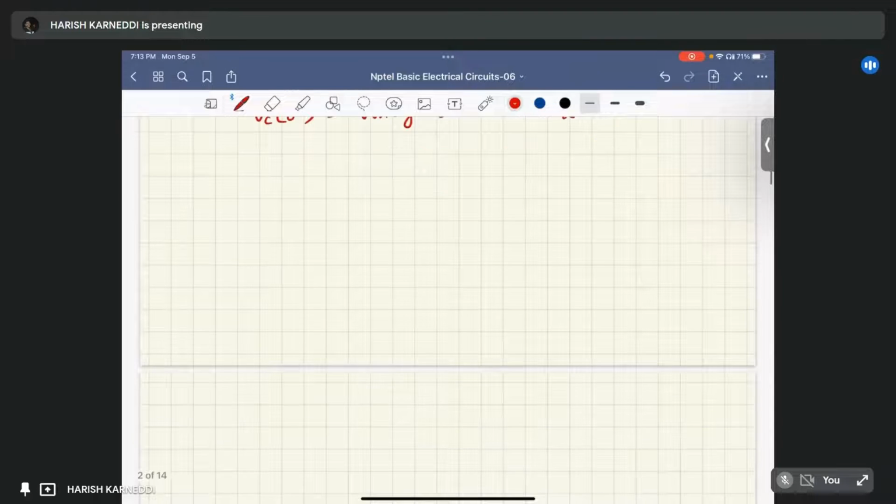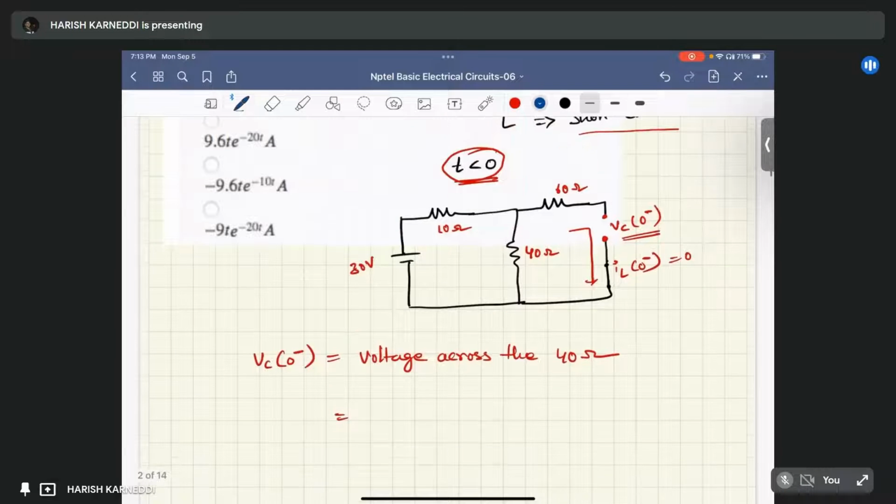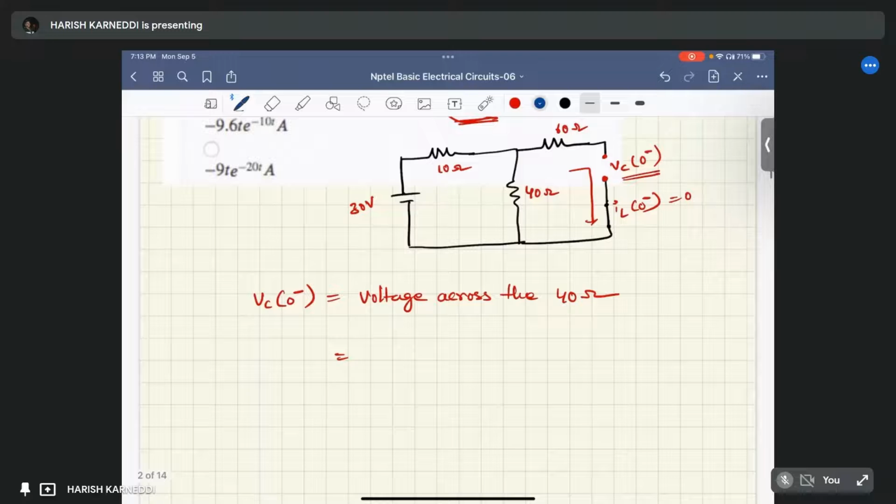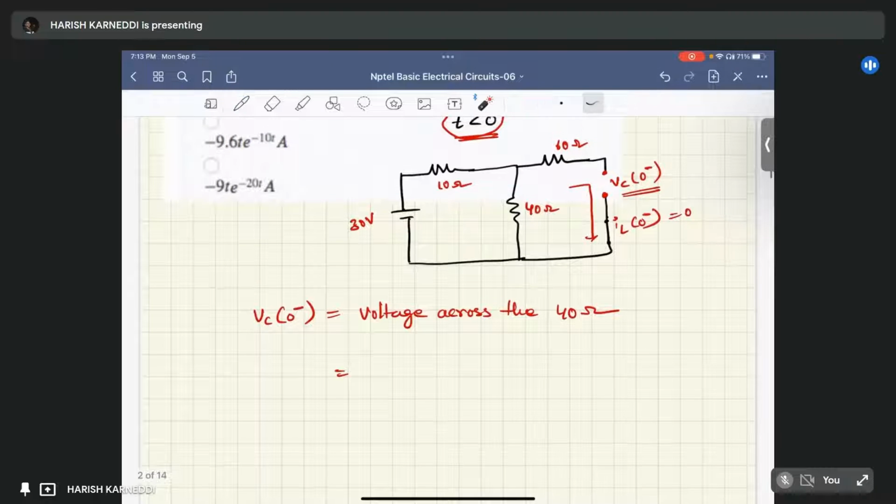The voltage across the 40 ohm resistor, you can write simply from the voltage divider rule. What is the voltage divider rule? The voltage divider rule says that the voltage across this 40 ohms is the total voltage times that resistance divided by the total resistance, right?